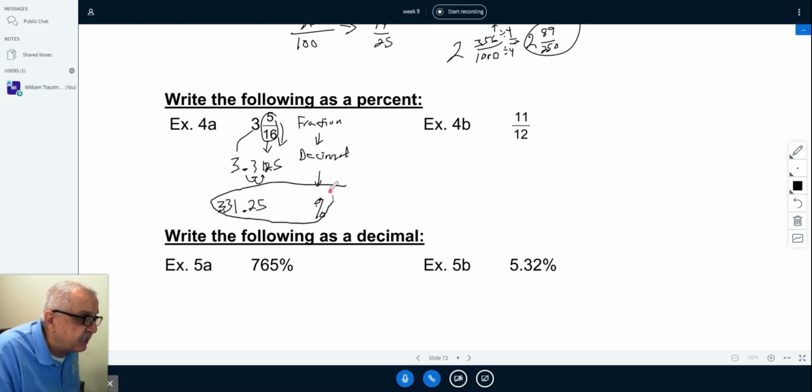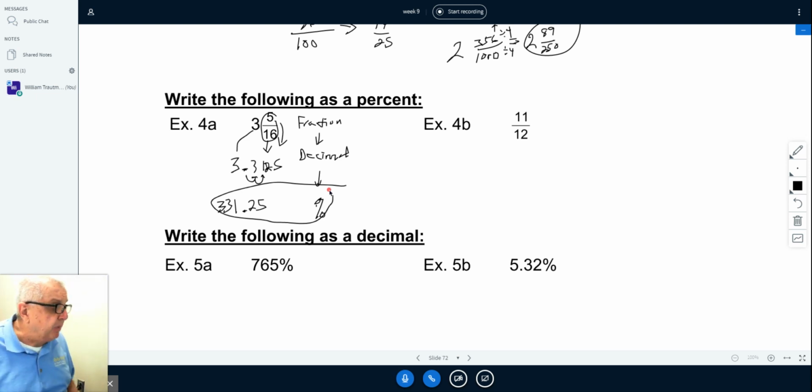So to change it from decimal to percent, you move the decimal 2 places to the right. Opposite, or when you had percent and you changed it to decimal, you move the decimal 2 places to the left. Same thing here. We have a fraction. In order to change it to a percent, you first have to change it to a decimal number.